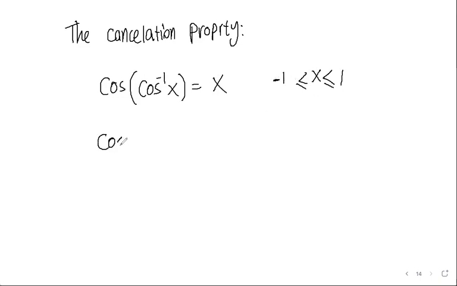And cosine inverse of cosine of x is x, such that x belongs to the domain of cosine, which is from 0 to pi.